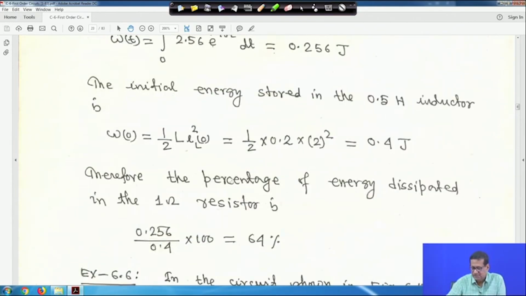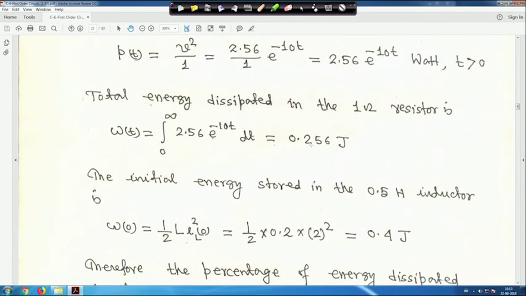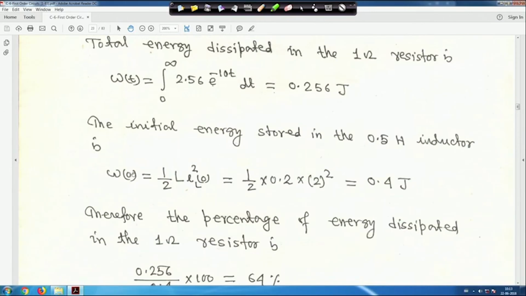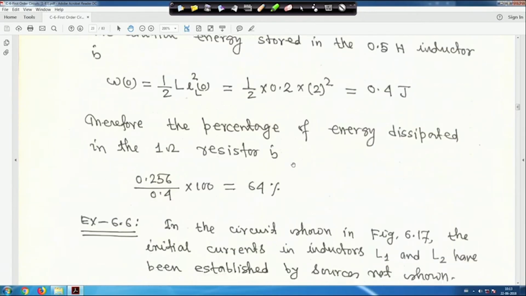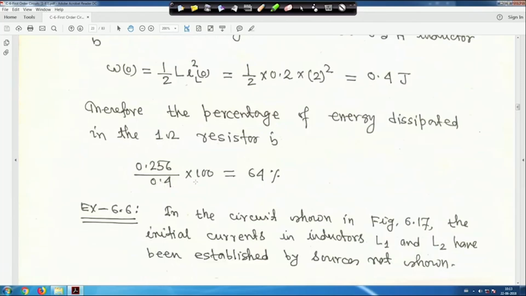Therefore, the percentage of energy dissipated in the 1 ohm resistor is 0.256 by 0.4 into 100, that is 64%, right.